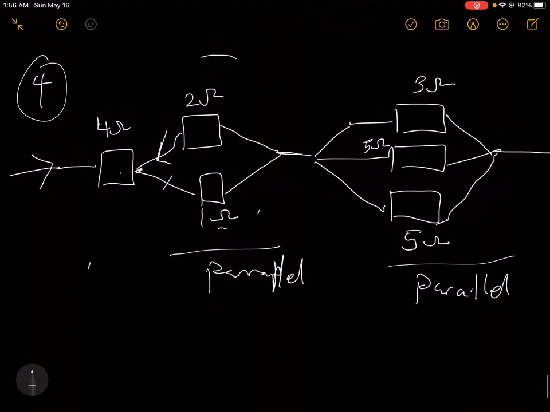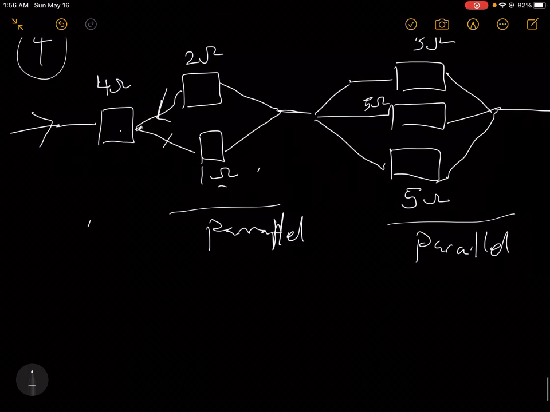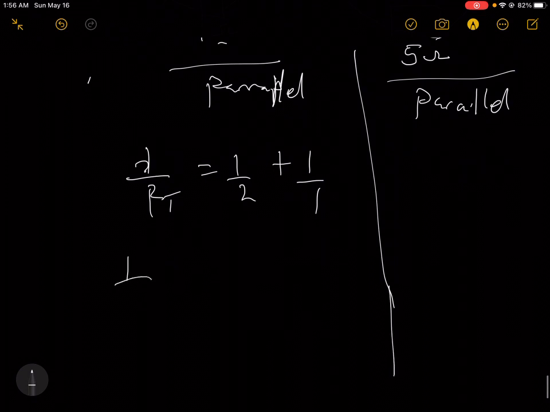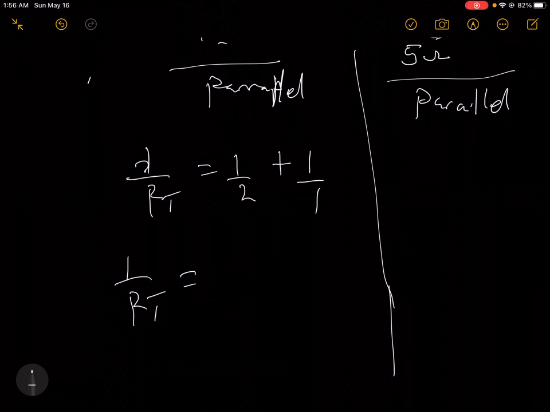Now let's solve this 2. This is parallel, this is parallel. So this will be 1 over RT, that's 1 over 2 plus 1 over 1. That gives 3 over 2.